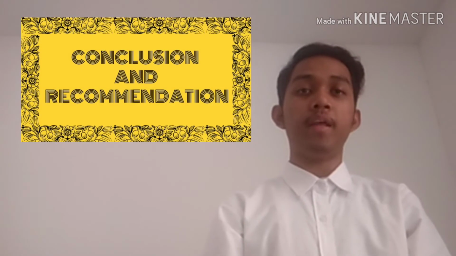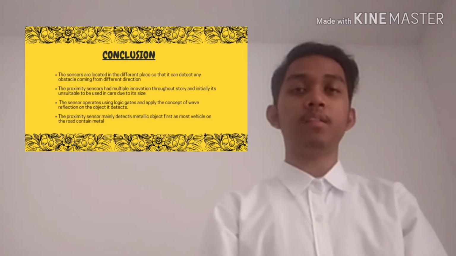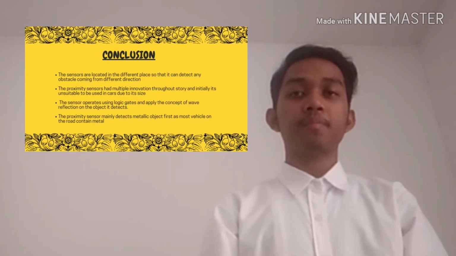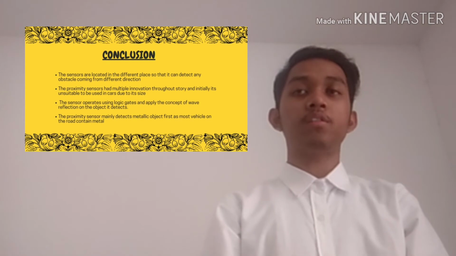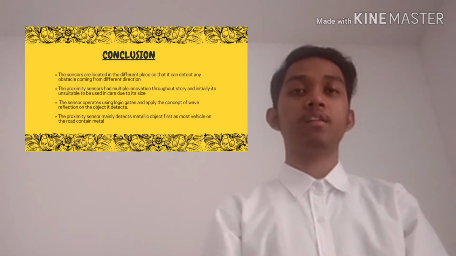Now I will continue the presentation with the conclusion and recommendation. Conclusion. First, the sensors are located in different places so that they can detect any obstacle coming from different directions. Second, the proximity sensor has had multiple innovations throughout history, and initially it was unsuitable for use in cars due to its size.